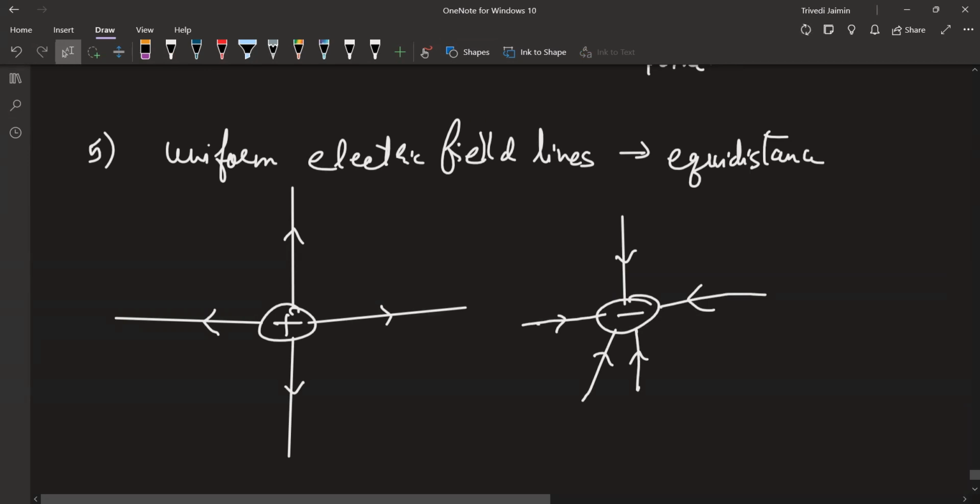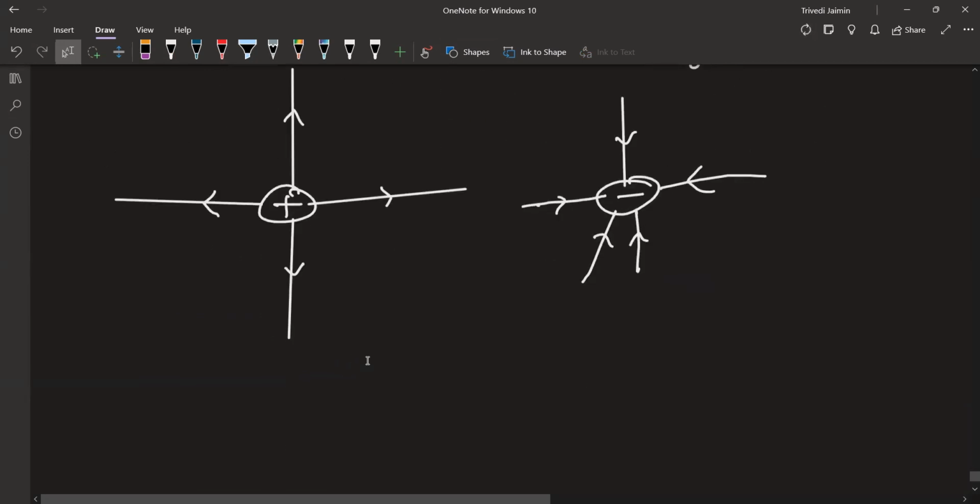Inward. Now, similarly, if I join this plus and minus, if I bring these two charges here, a positive charge and a negative charge, they will attract, obviously. So an attraction force will be happening here, they will get attracted. So draw for this one.